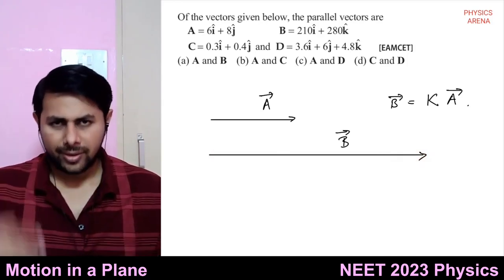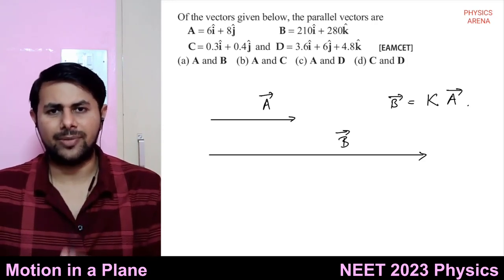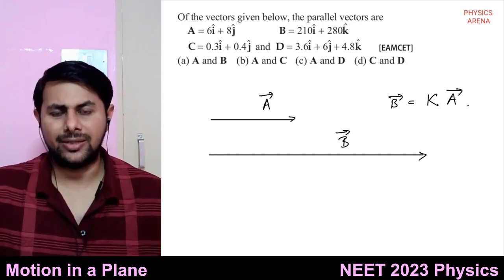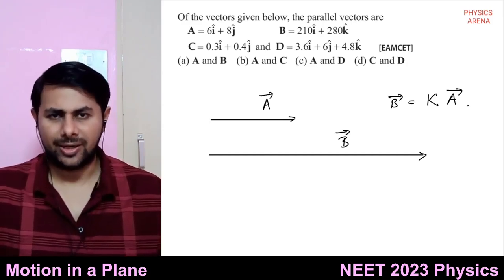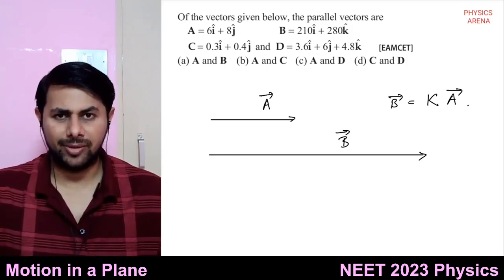So parallel vectors can be represented as what? Some constant multiplied by the other vector. If a and b are parallel, b can be written as some constant multiplied by a bar, and a bar can be written as some constant multiplied by b bar.